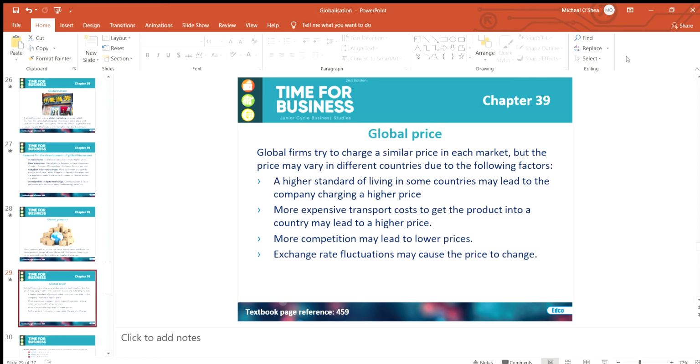So global price, quite simply, you're going to try to charge a similar price worldwide, because you're aiming at the same kind of customers worldwide. McDonald's have a relatively cheap price, so that if you have €1 or €2, you can go in and buy a hamburger or a small chip or something like that.